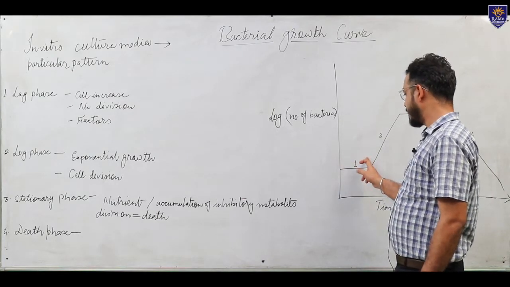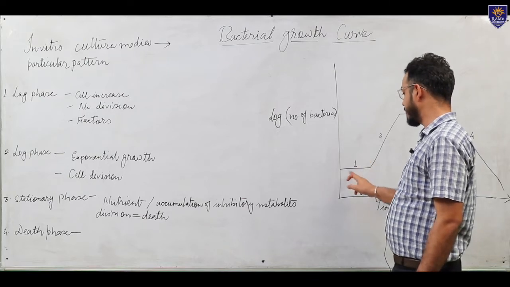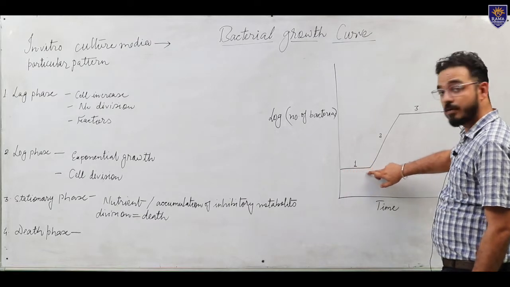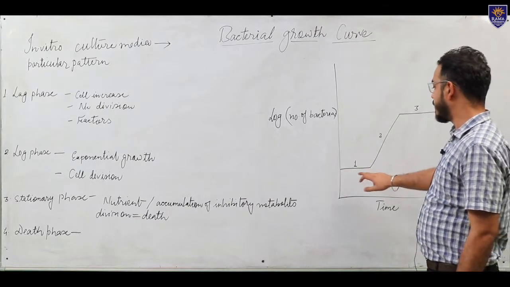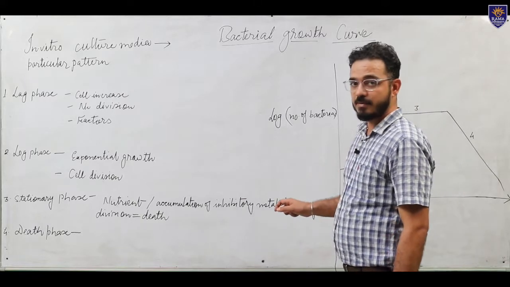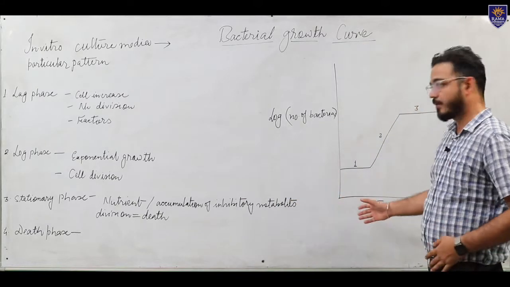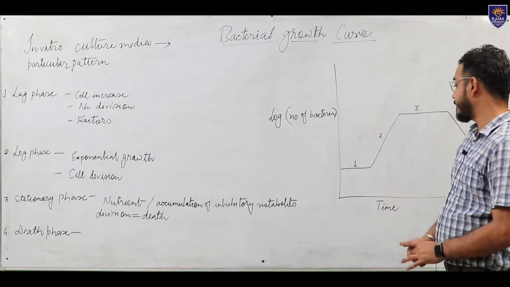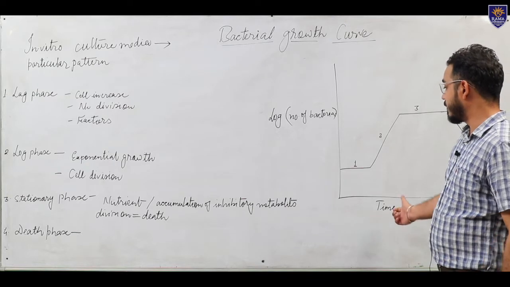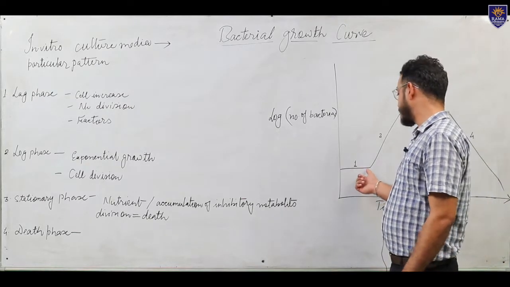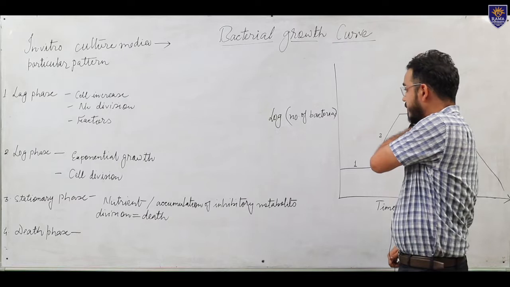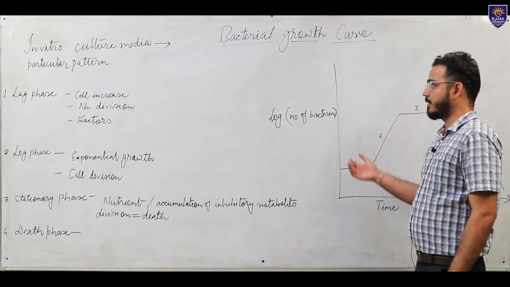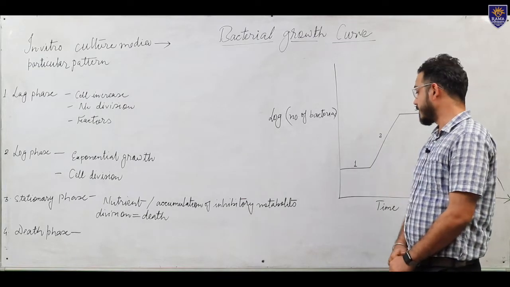The duration of the lag phase depends on many factors such as the composition of the culture media, the species of bacteria you inoculated, pH, and the temperature of the laboratory in vitro condition which you are using.